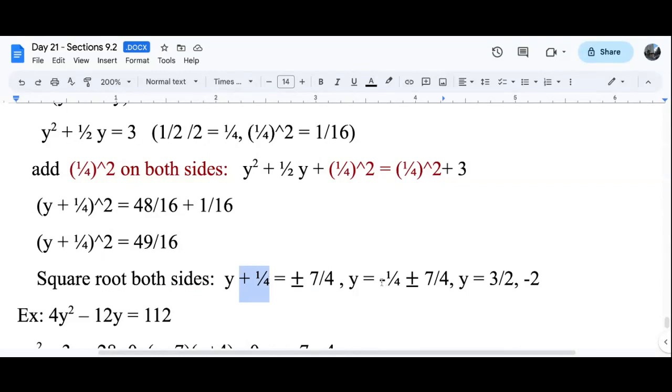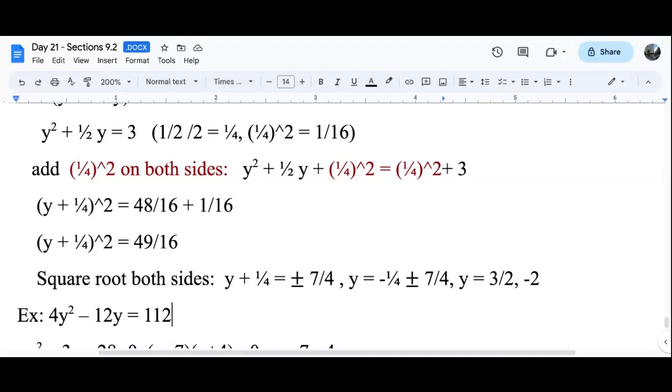Then we subtract quarter on both sides. So we have plus minus 7 over 4 minus quarter. 7 over 4 minus quarter, that's 6 over 4, which is 3 over 2. Negative 7 over 4 minus 1 over 4, that's negative 8 over 4, which is negative 2. Two solutions, exactly the same as before.